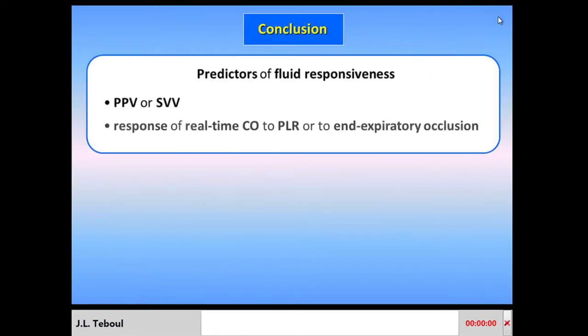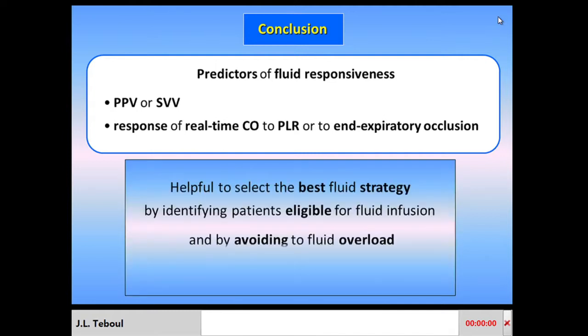So my conclusion is that you can use as predictors of responsiveness either PPV or SVV, or the response of real-time cardiac output to passive leg raising or to end expiratory occlusion, because they are very helpful to select the best fluid strategy by identifying patients eligible for fluid infusion, and importantly, by avoiding fluid overload in patients who would be fluid unresponsive.